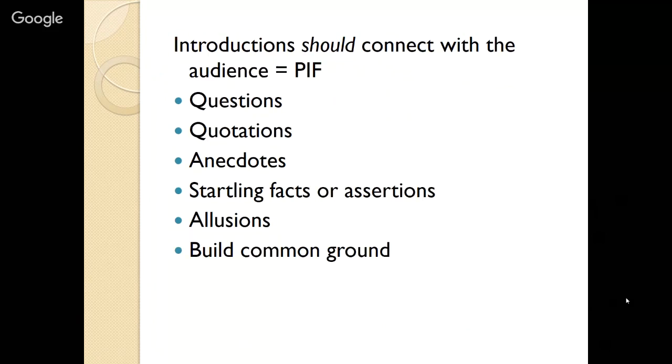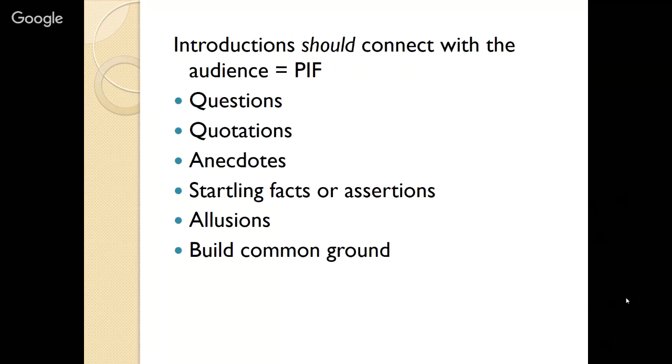Now, like I said, introductions need to do three things, but they should do more. And what they should do is connect with the audience and create what's called the personal interest factor, or the PIF. And there are various techniques that you can use in order to create that personal interest factor. So using questions, quotations, anecdotes, startling facts or assertions, allusions, really any of those rhetorical strategies that we've talked about, those can be used in the introduction in order to connect with the audience.